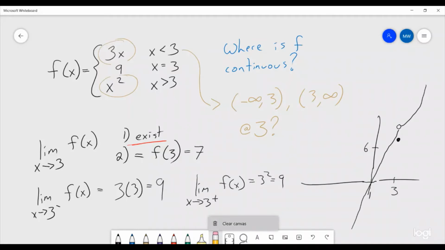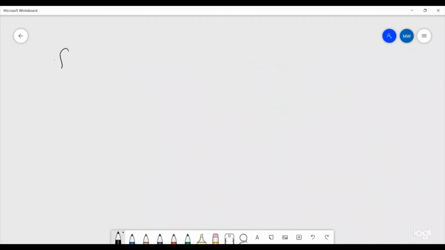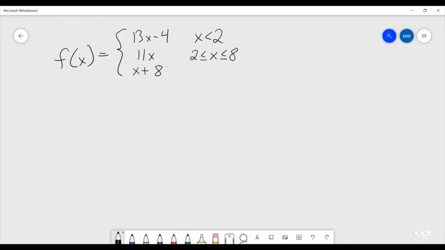Let's check to see if we have f of x equals 13x minus 4 if x is less than 2, 11x from 2 to 8, and then x plus 80 for x bigger than 8.